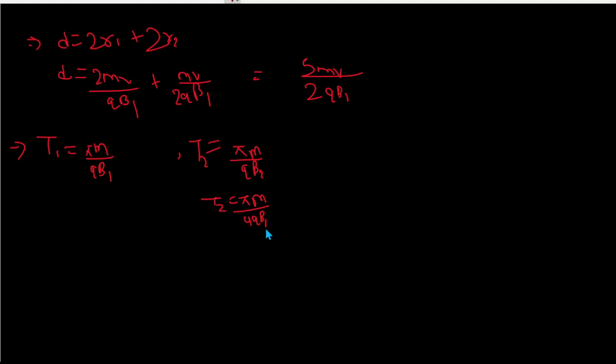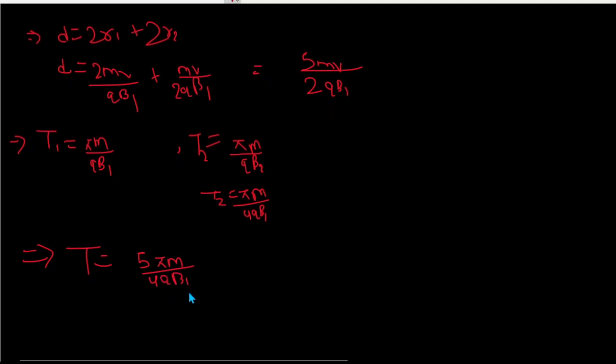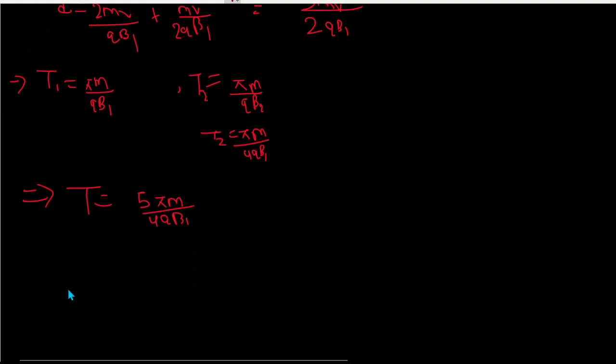Now we have to add the time periods. Total time t is equal to t1 plus t2. By adding t1 plus t2, it will be 5 pi m divided by 4qB1.